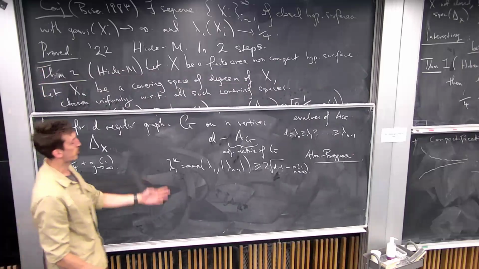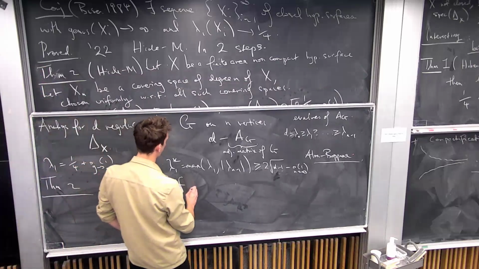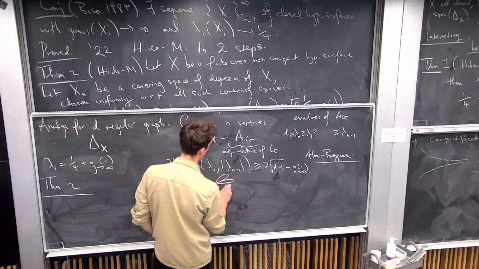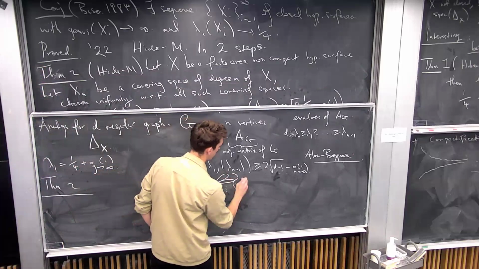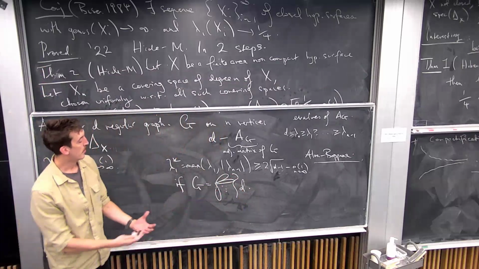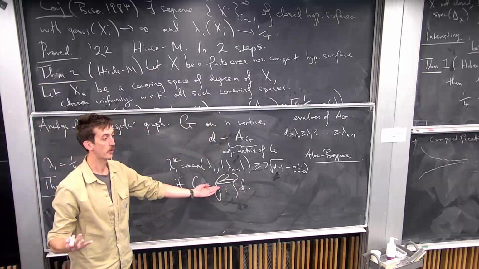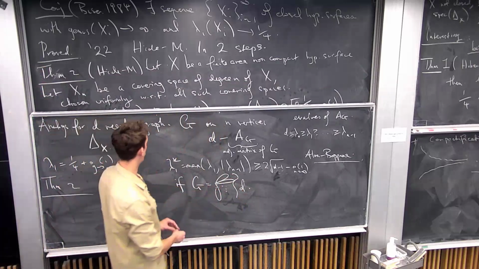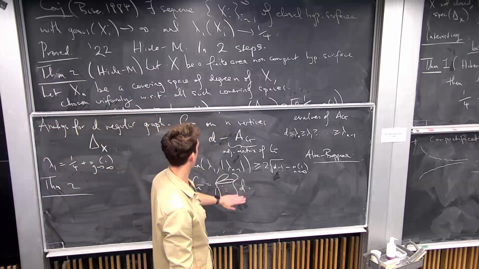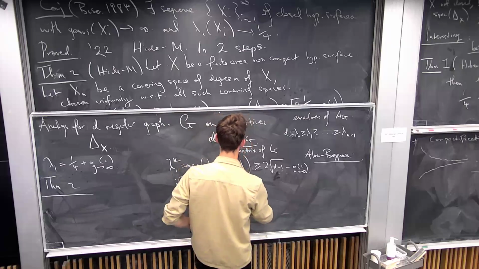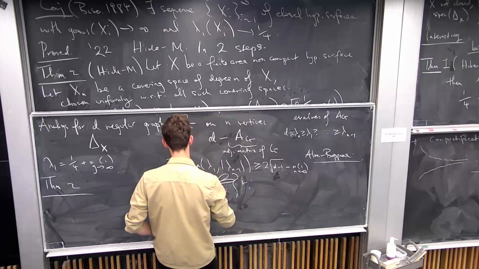Well, I'll just do a special case. If your graph G is the wedge of r circles here, and you take a covering space of this, that's just what a d-regular graph is. In fact, so let's say it's actually r of these and d is 2r.